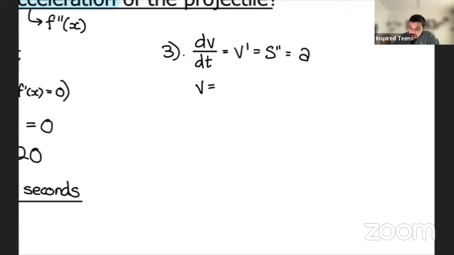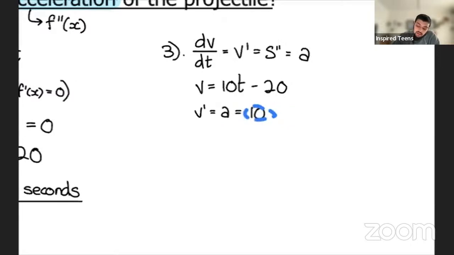Velocity is equal to 10t minus 20, and the derivative of velocity would just be 10. The derivative of the velocity would be 10. And remember, derivative of velocity is equal to acceleration, and it's 10.